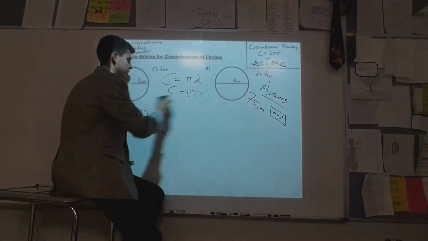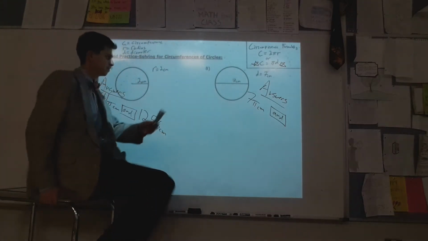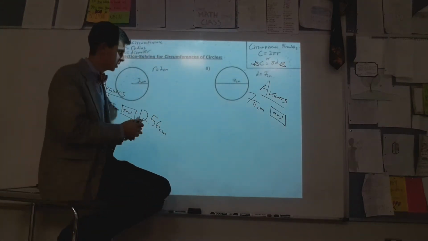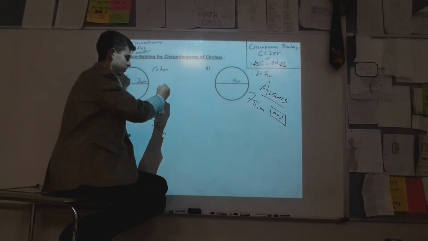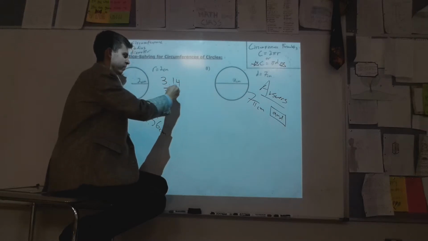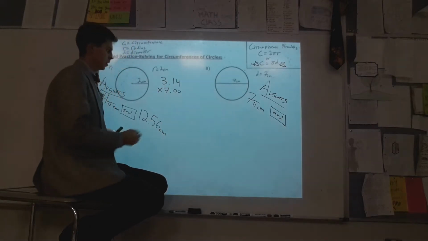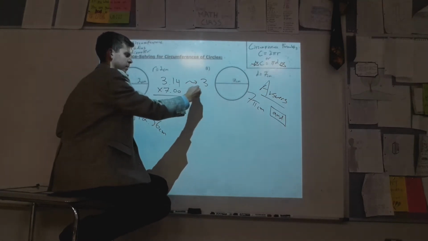Now before I do this multiplying, and I hope that you guys are following how I approach this, I am going to see what's reasonable first. So we are going to do 3.14 times 7.00. But let's go ahead and round first. Pi is 3, and this is 7 here.